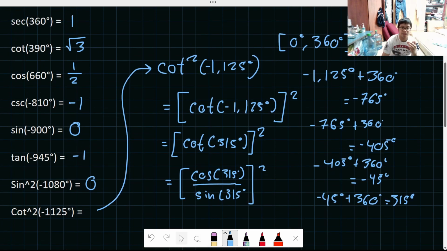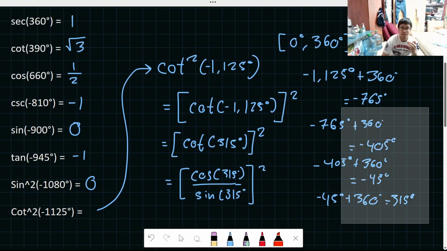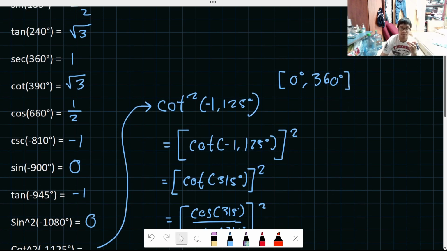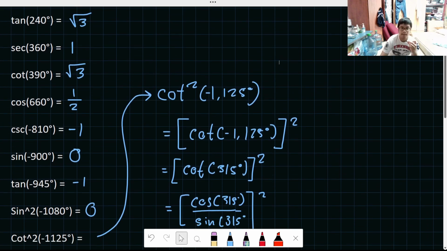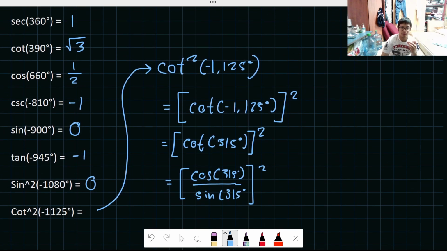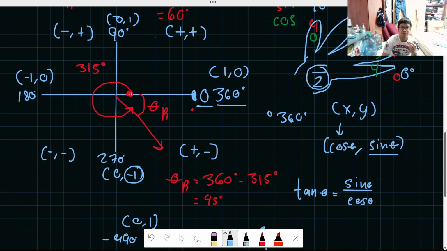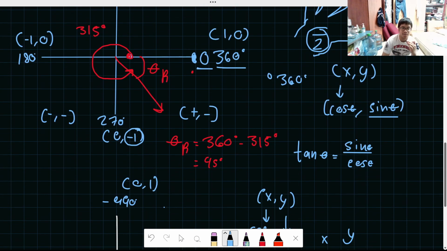Okay, let me just erase the writings here. There we go. So let's proceed. Here, cosine of 315 degrees and sine of 315 degrees. The reference angle of 315 degrees is 45 degrees. But remember, it's in the fourth quadrant, so your x is positive while your y is negative.